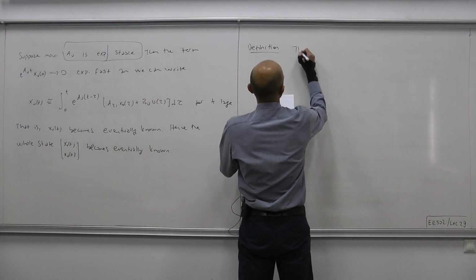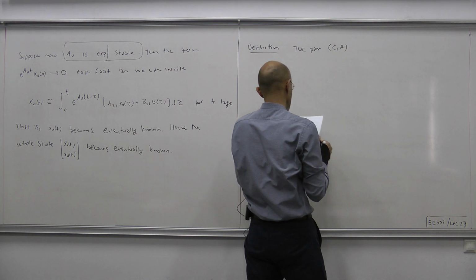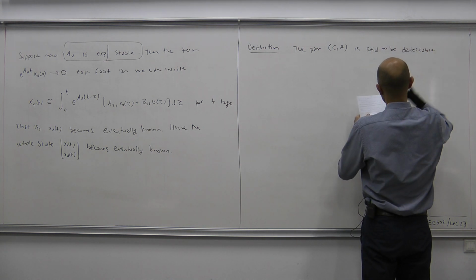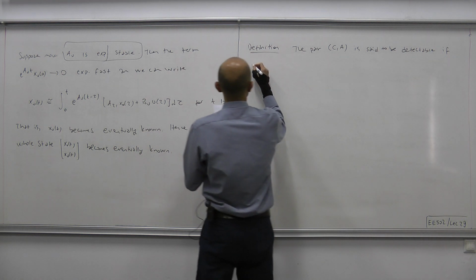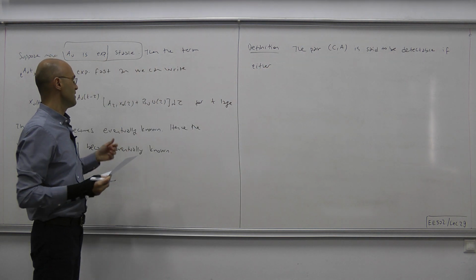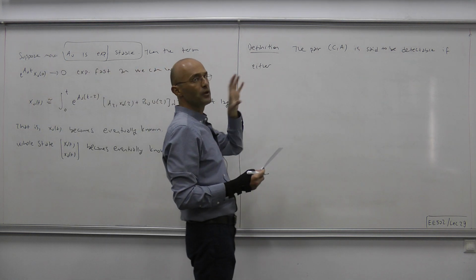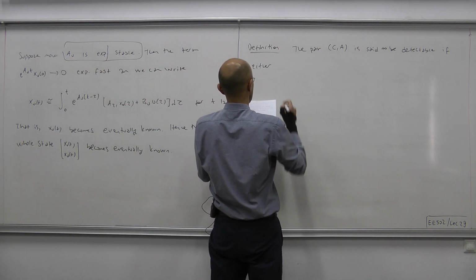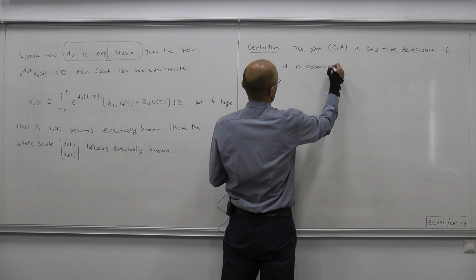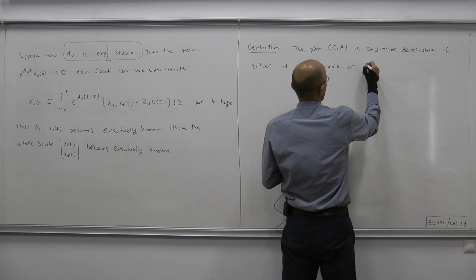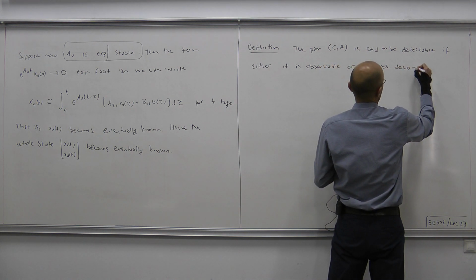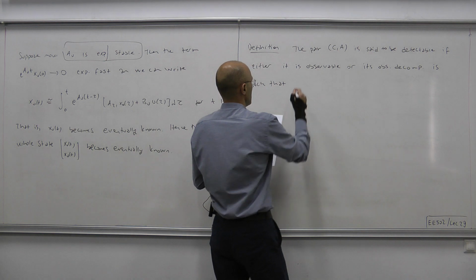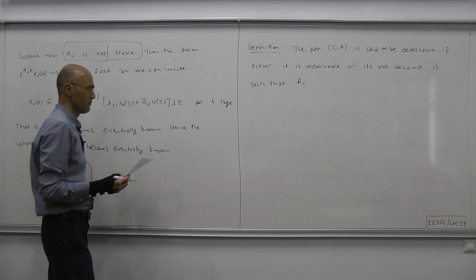The pair CA is said to be detectable if either it's observable, in which case the AU matrix would be non-existent, the system will directly be in observable decomposition, or its observable decomposition is such that the matrix which represents the unobservable dynamics is exponentially stable.